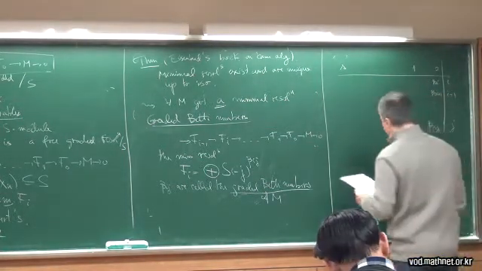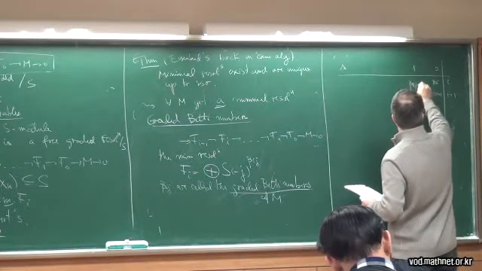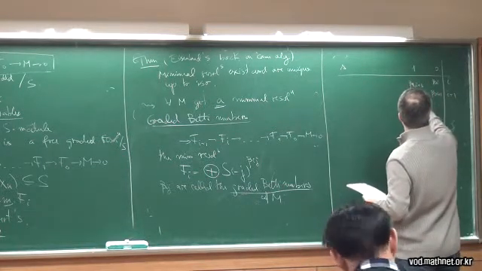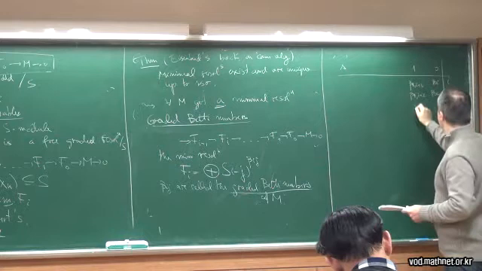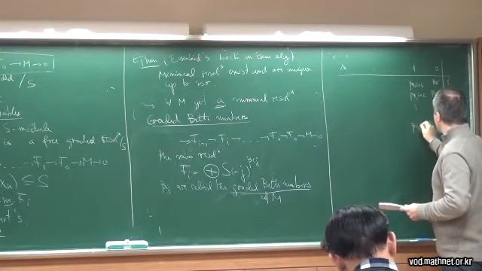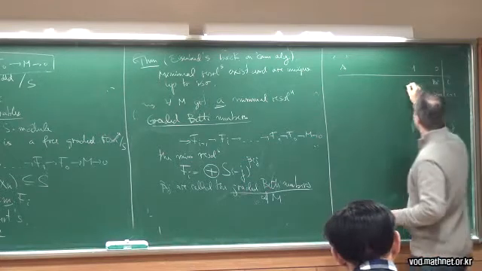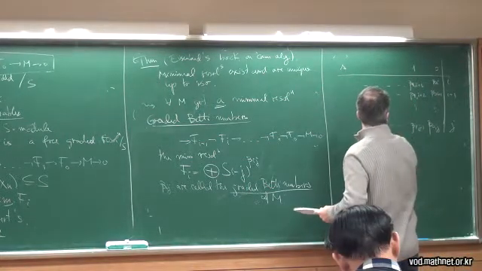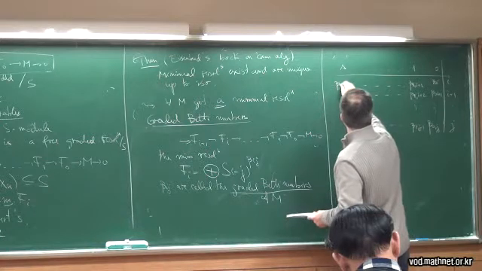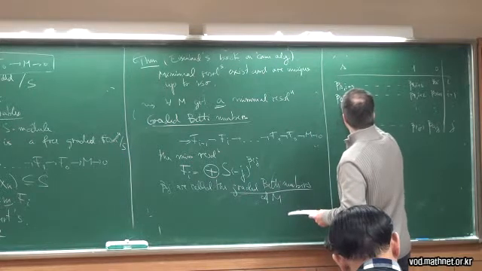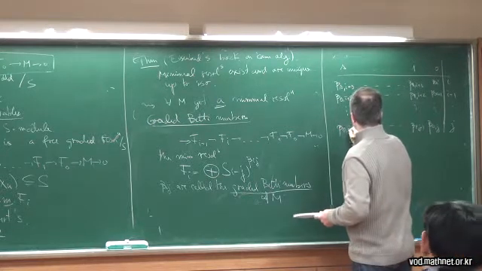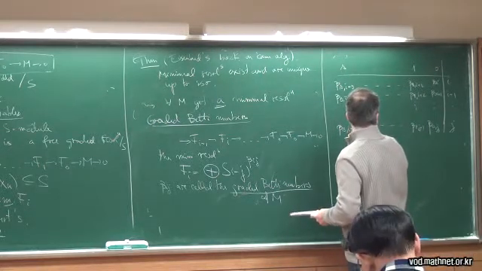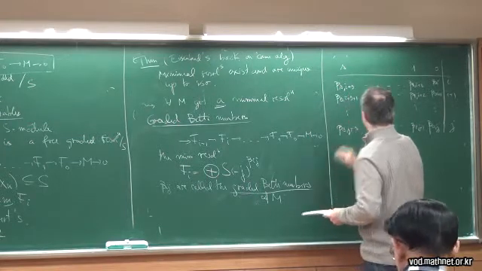But in the next column, we will put beta 1 i plus 1, beta 1 i plus 2. So there is a shift by 1 in the first column. Beta 1 j plus 1, and so on. In the s column, we will put beta s i plus s, beta s i plus s plus 1, up to beta s j plus s.